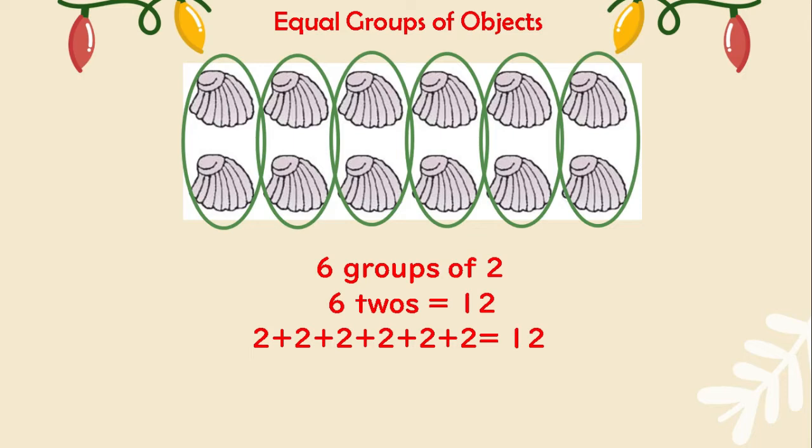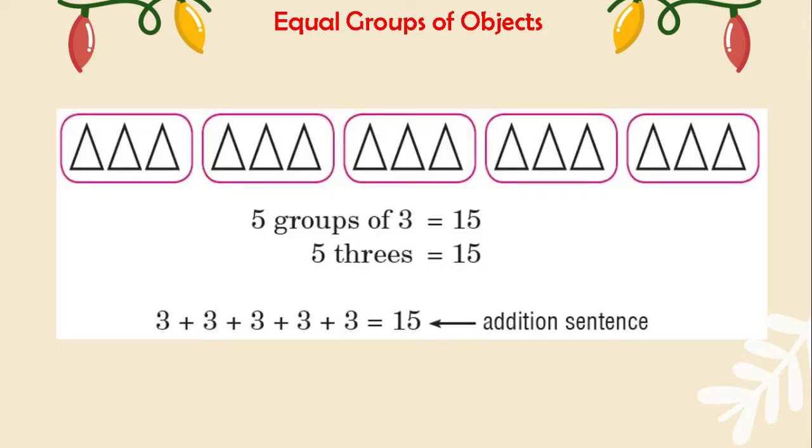Very good. Okay, here's another example. So we have it here, 5 groups of 3 triangles, and 5 groups of 3 or 5 threes is equivalent to 15. Very good. And for addition sentence, it looks like this. We're just going to add 3 by itself 5 times, and our sum will be 15.